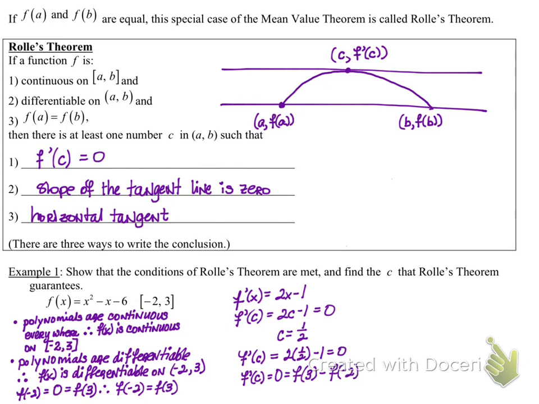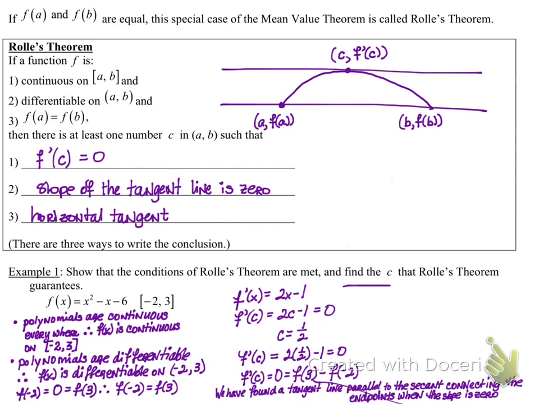So we have found a tangent line that is parallel to the secant line of the endpoints. That final sentence is not crucial. You just need to find the c. You need to show that the conditions of Rolle's theorem are met and find the c.